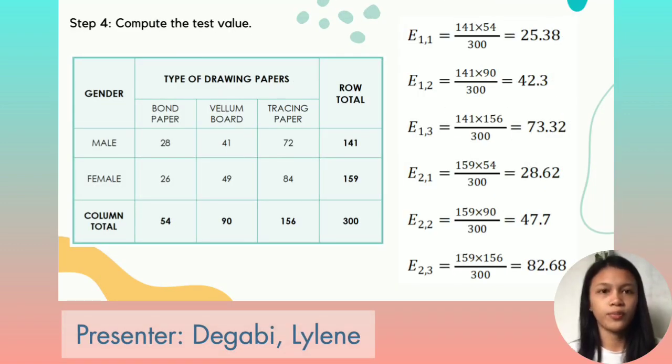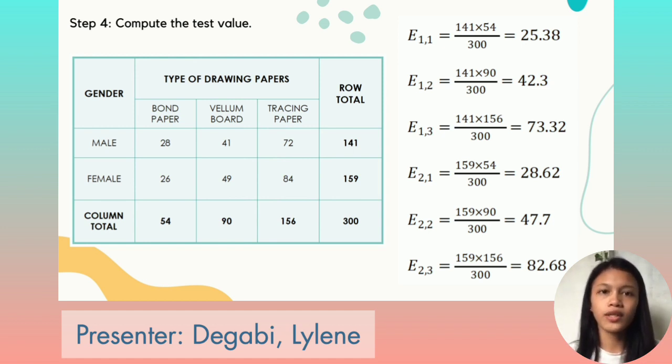Step 4. Compute the test value. In row 1, column 1, 141, which is the row 1 total, multiplied by the column 1 total, which is 54, is divided by 300. The result is 25.38.